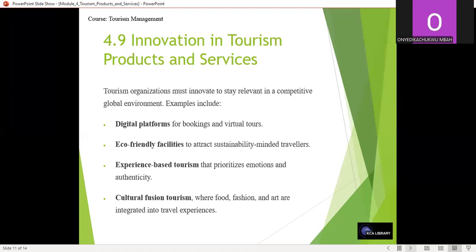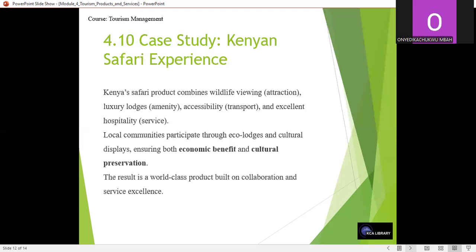Why digital platforms? They make it easier for bookings and also for virtual tours. Eco-friendly facilities attract sustainability-minded travelers. Experience-based tourism prioritizes emotions and authenticity. Cultural fusion tourism is where food, fashion, and art are integrated into the travel experience.